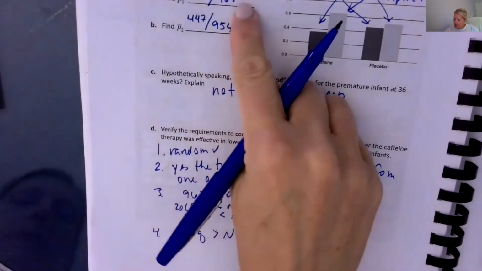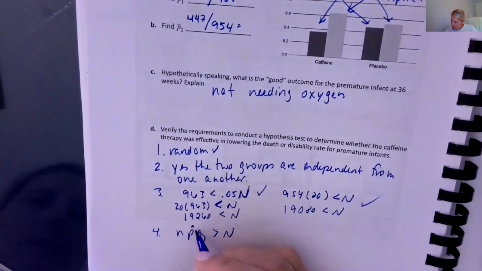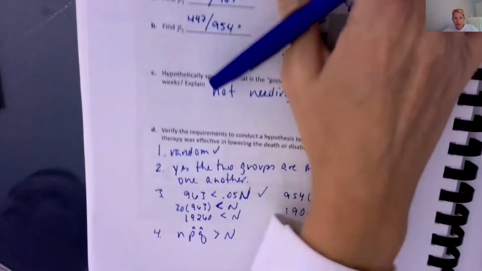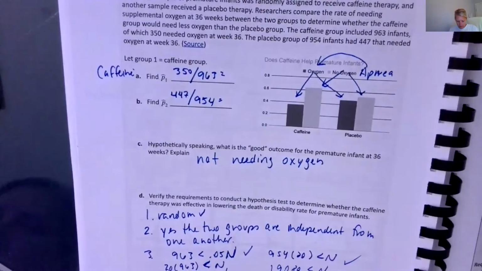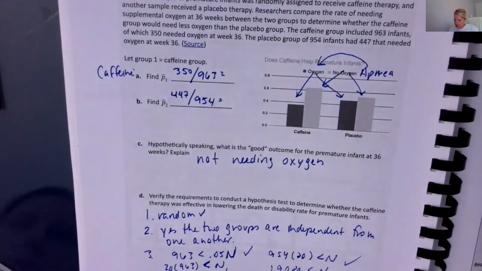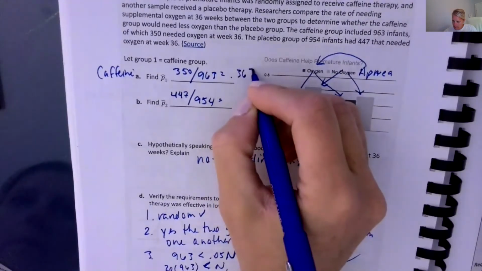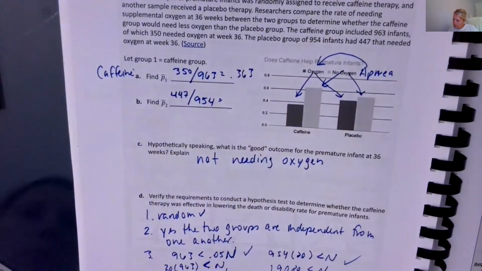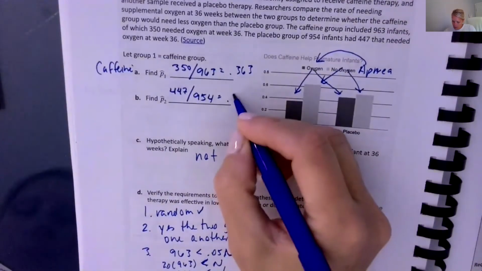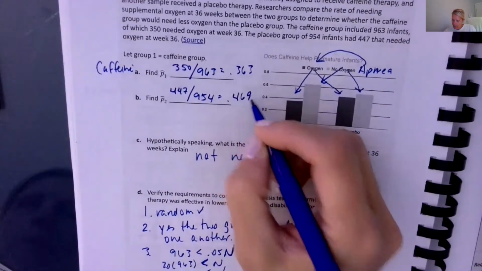Okay, so we need to know our P hats. So let's just go up there and calculate those. So 350 divided by 963. So this P hat is 0.363. And this P hat is 0.469.